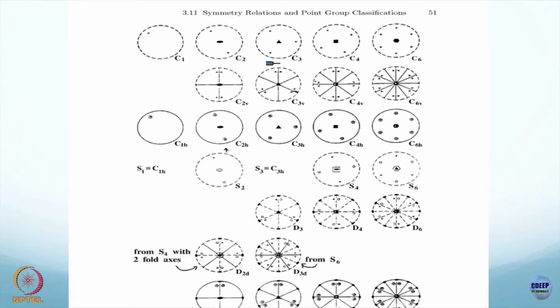Now, you do a rotoreflection here. If you do a rotoreflection, what will happen? S4, if you want to do it, tell me how it will be. So, you have a cross here. The rotation would have made it a cross, but I have to do a reflection about a plane.